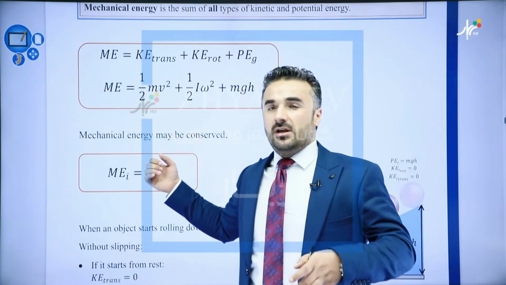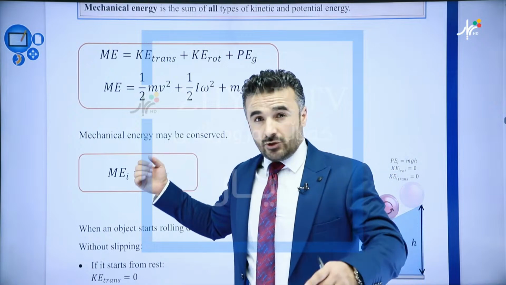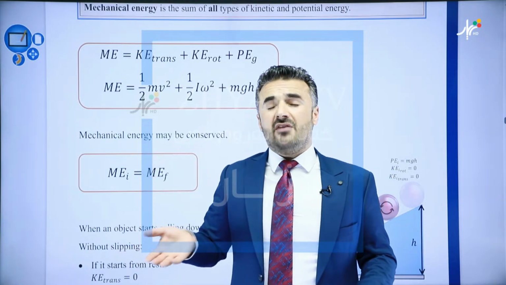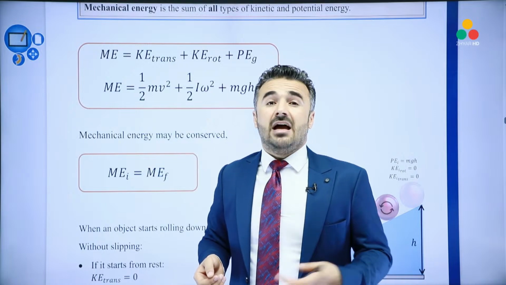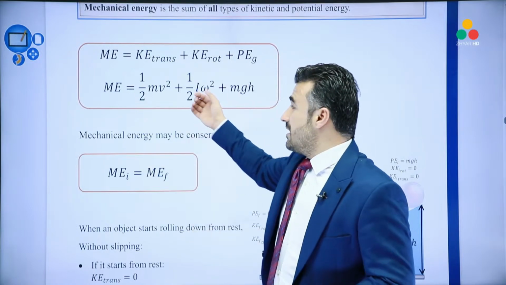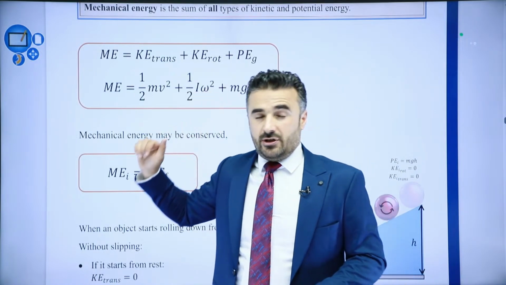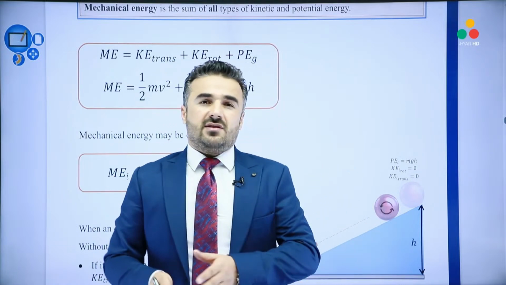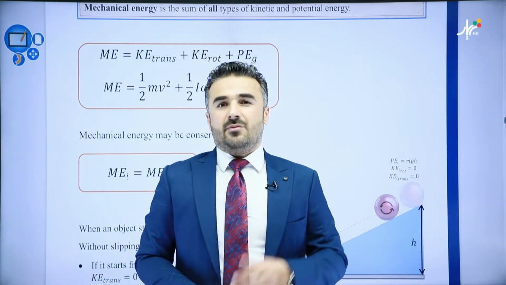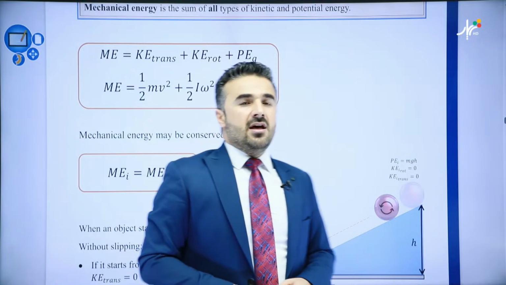For rotational kinetic energy, it is 1/2 times moment of inertia instead of mass, times angular speed squared instead of speed. Don't forget this. And for potential energy, you're very familiar with this: mgh, mass times gravitational acceleration times height.